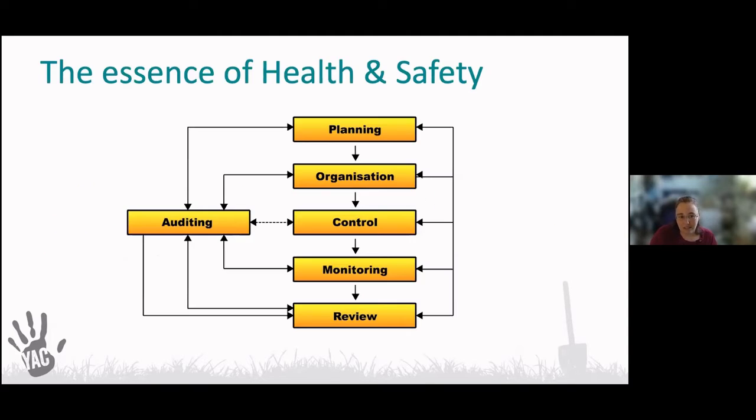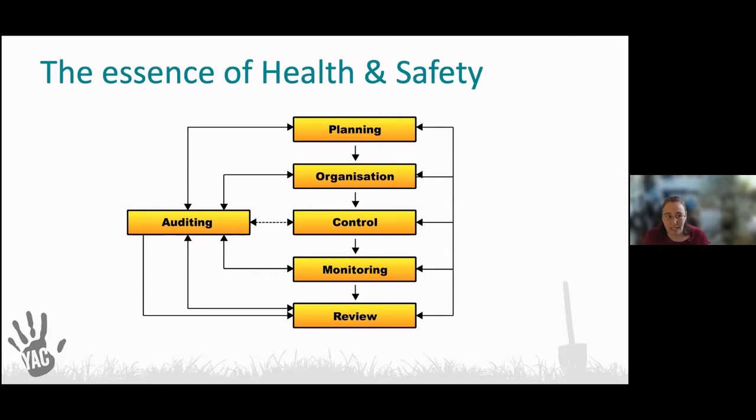And the essence of health and safety is this. It's about planning, organising, controlling, monitoring, reviewing and auditing. And it is a vicious circle. You go through this throughout the time. And this is the essence of the toolkit.